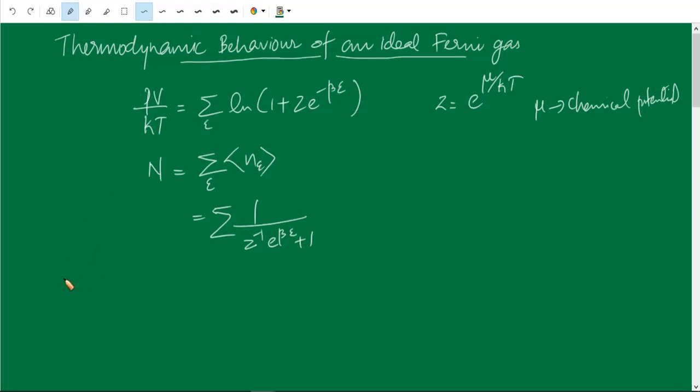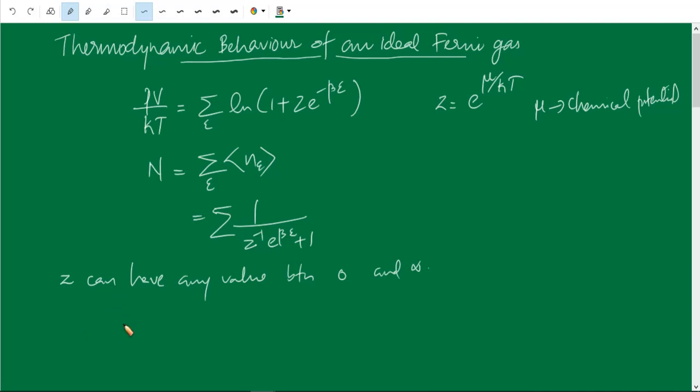Here z can have any value between 0 and infinity. There will not be any Bose-Einstein condensation type behavior here, because fermions obey the Pauli exclusion principle. Not more than one particle is allowed in any single particle state. So there will not be any Bose-Einstein type condensation in this case.